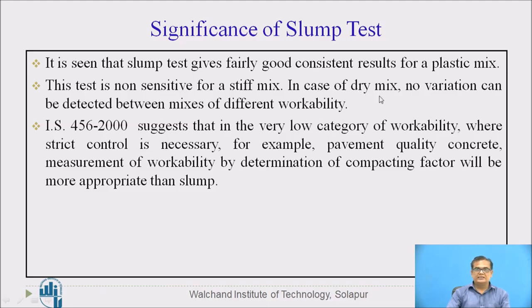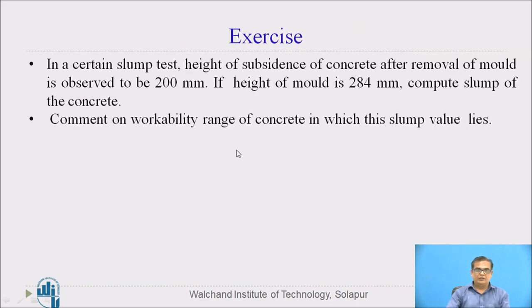So in such cases, or when concrete is stiff, we cannot use the slump test for measurement of workability. IS 456 suggests for such a low category of workability, we should go for compacting factor test, another test for measurement of workability.